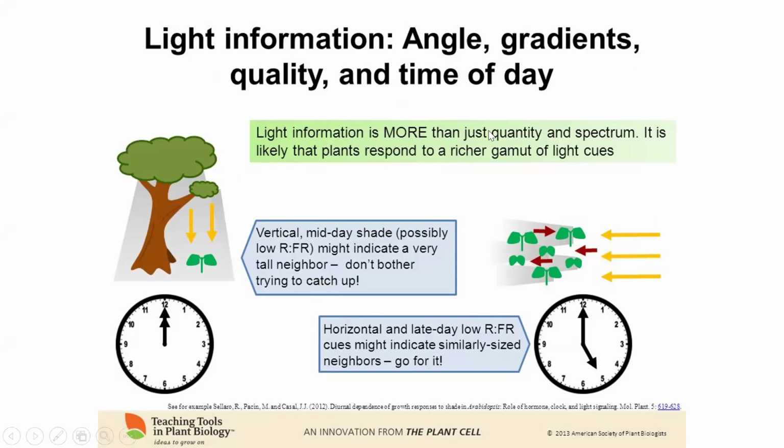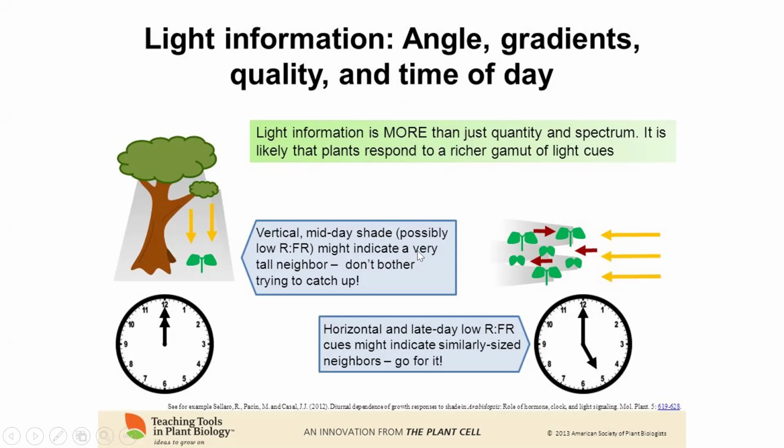Light information is more than just quantity and the spectrum. By the spectrum, I mean the red to far red ratio. So here, if we look at this plant growing under this tree, and we think about midday when the sun is overhead, that's vertical shading.